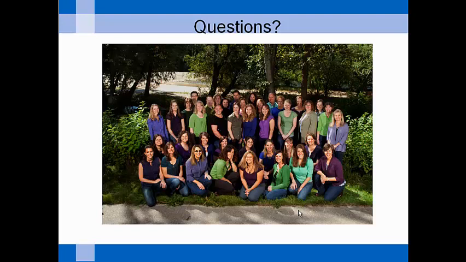So the question was, is it common for a newborn to pass their newborn hearing screening and then fail any further testing?